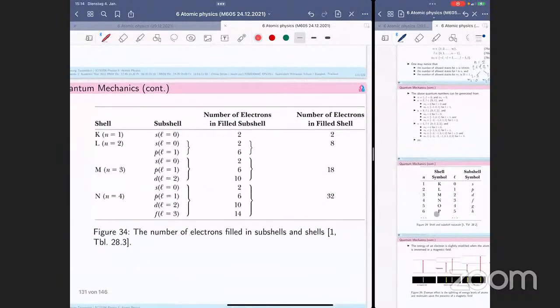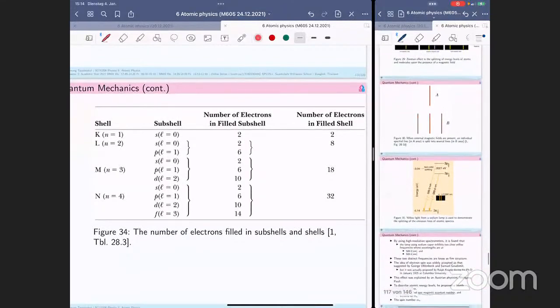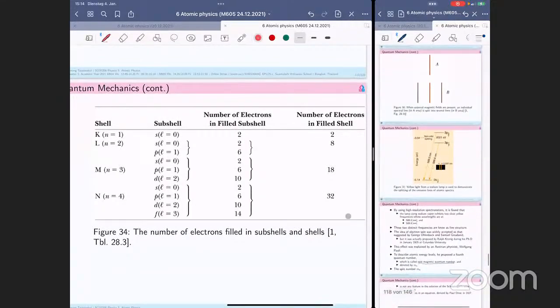Once you have generated the quantum states many times, you'll be able to see the number of possible electrons to be filled in the subshell, like K and L. You would have two possible cases, spin up and spin down, and the number of electrons filled in this shell will be only 2.